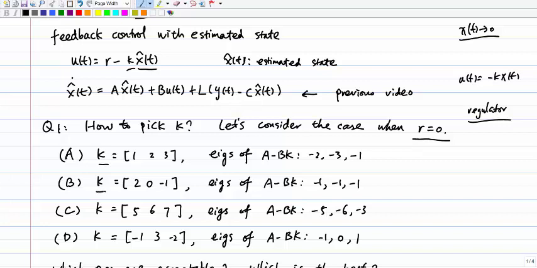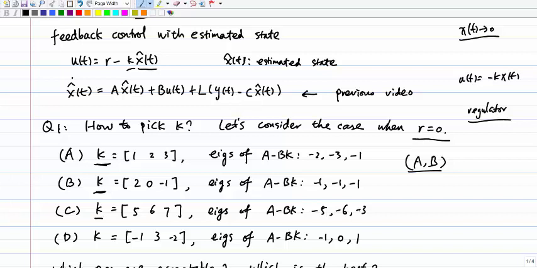Here I assume some A and B. If I select K to be 1, 2, 3, which is a row vector, I get eigenvalues of A minus BK of -2, -3, -1. If I select K to be 2, 0, -1, the eigenvalues of A minus BK are -1, -1, -1. If I select K to be 5, 6, 7, the eigenvalues of A minus BK are -5, -6, -3.